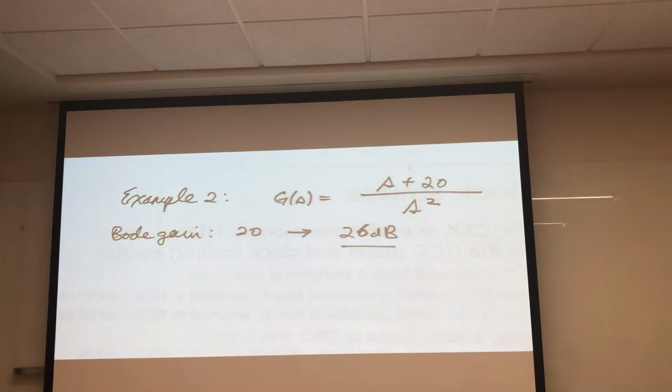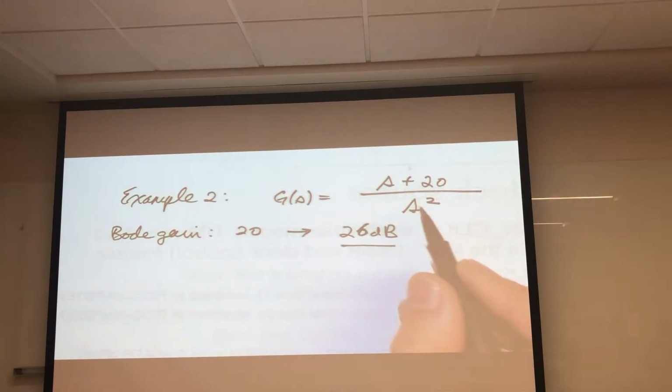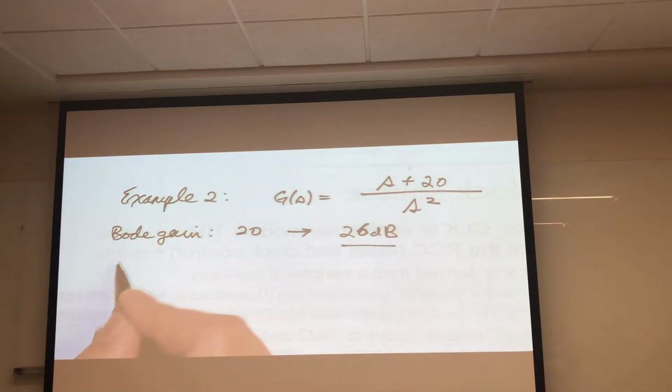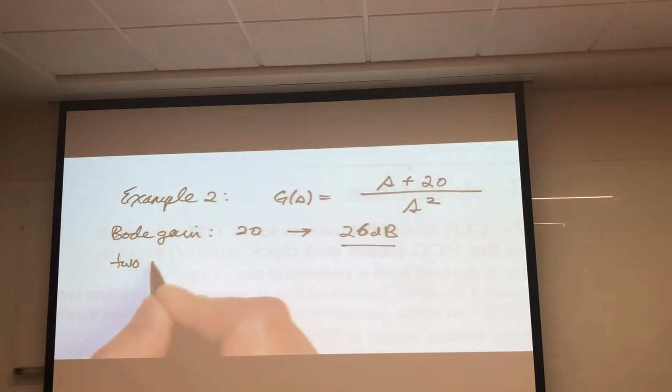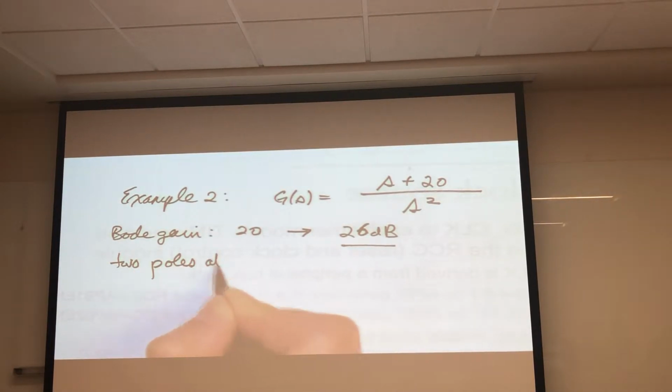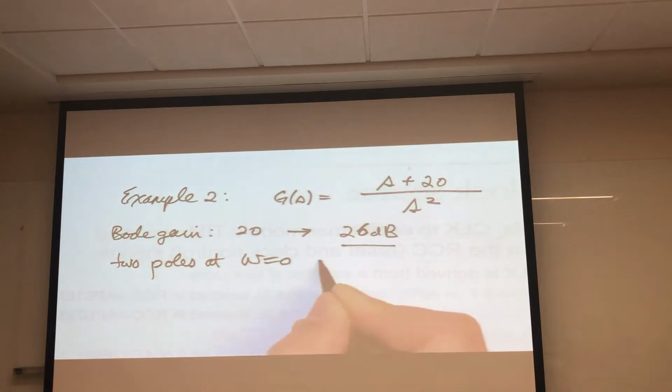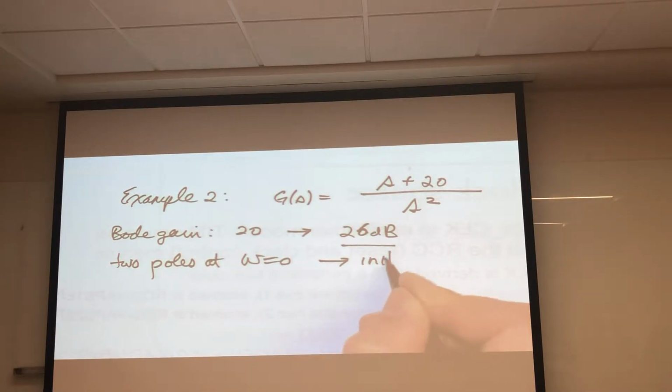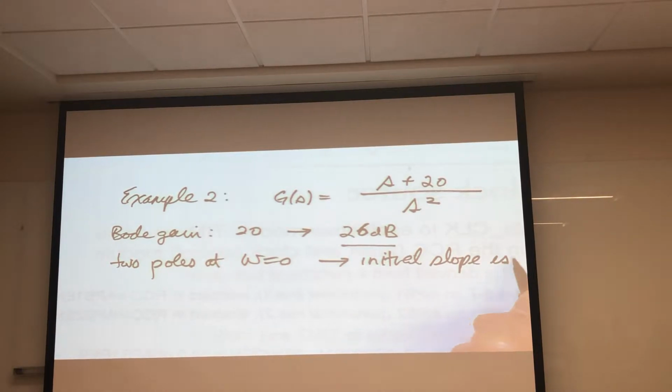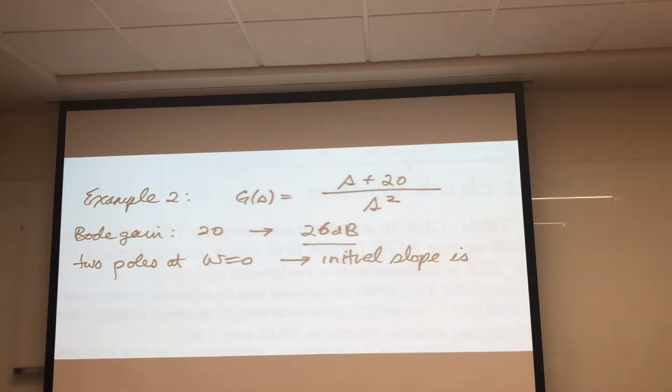Okay, and then the other factors we have: two poles at omega equal to 0. So that tells us that the initial slope, because these are poles, will be negative 40 dB per decade.